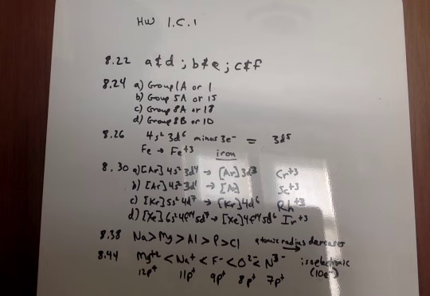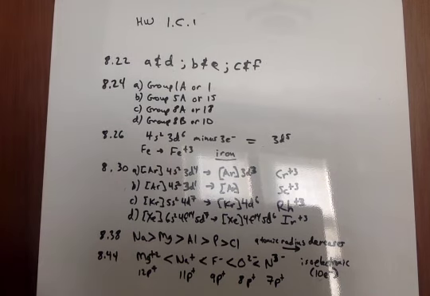8.30, very similar, asks us to name the ions with +3 charges that have the following electron configurations. So once again, I'm going to add the electrons back in. Letter A was Ar 3d3, so adding 3 electrons back in would be 4s2 3d4, which lines up with chromium.